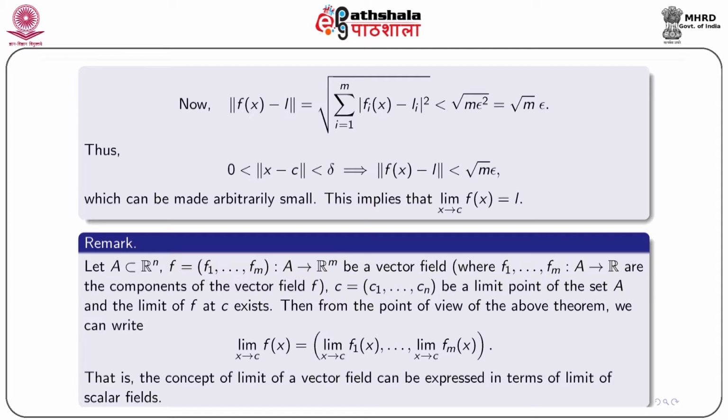Then, in view of the above theorem, we can write limit of f(x) as x tends to C equals the ordered m-tuple of limit as x tends to C of f1(x) up to limit as x tends to C of fm(x). Here, the concept of limit of a vector field is expressed in terms of limits of its components, that is, scalar fields.